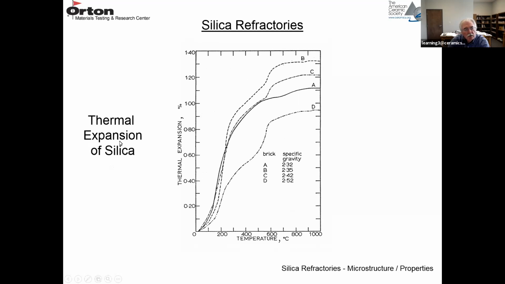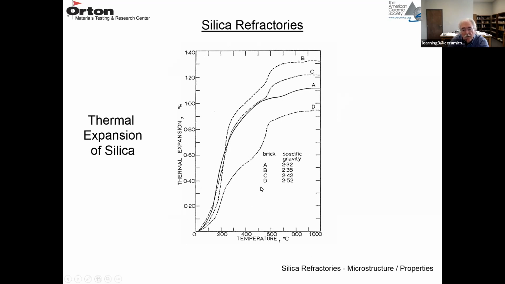You can plot thermal expansion versus temperature, and this is only up to 1,000 degrees C. So you can see the phase transformations taking place, and then it tends to level off. And there are 4 different materials here. One measure of the degree of conversion of quartz to either cristobalite or tridymite is the specific gravity.